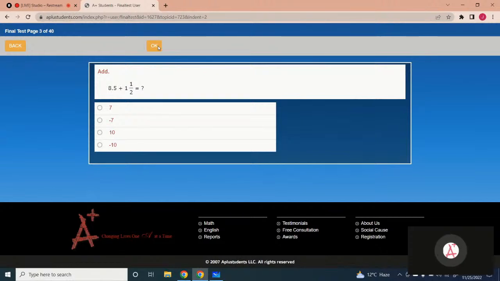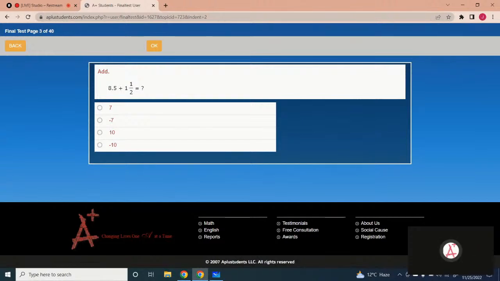Okay, the next one is 8.5 plus 1 and 1.5. So 8.5 plus 1 is 9.5. Got it?